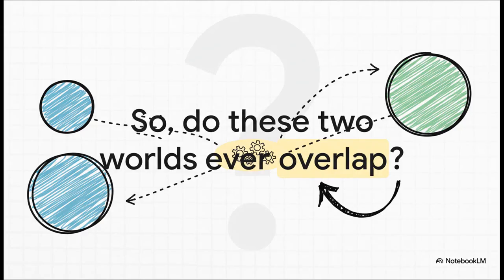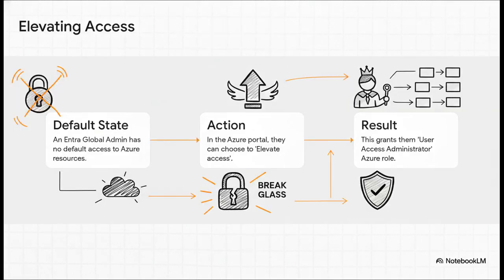Okay, so you might be thinking, these two worlds, Azure and Entra, they seem completely separate. Do they ever overlap? It's a great question, and the answer is yes, they do, but only in one very specific, very intentional way. So get this, by default, even if you are the all-powerful global admin in Entra, you have zero access to any Azure resources. You can't touch a single VM.